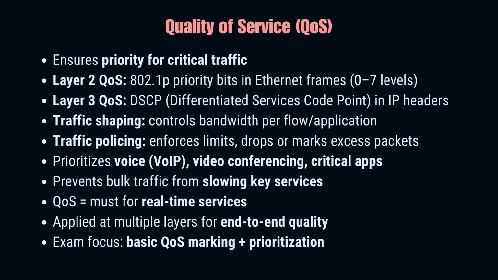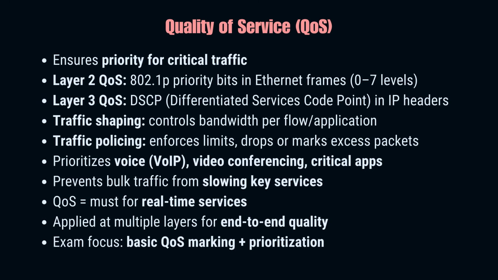Layer 3 QoS employs DSCP, Differentiated Services Code Point, marking in IP headers, providing more granular traffic classification and priority handling across routed networks. Traffic shaping controls bandwidth usage by limiting transmission rates for different traffic types, preventing any single application from consuming excessive network resources.